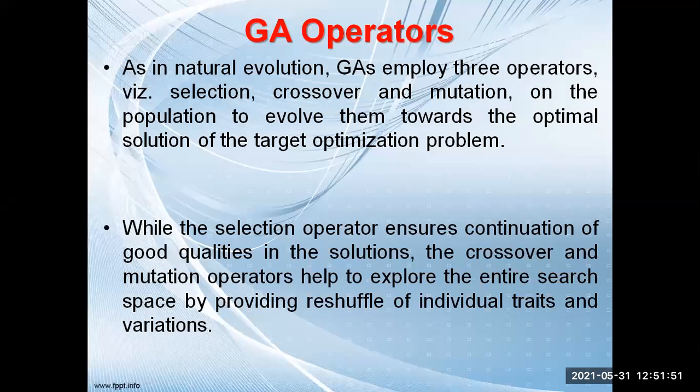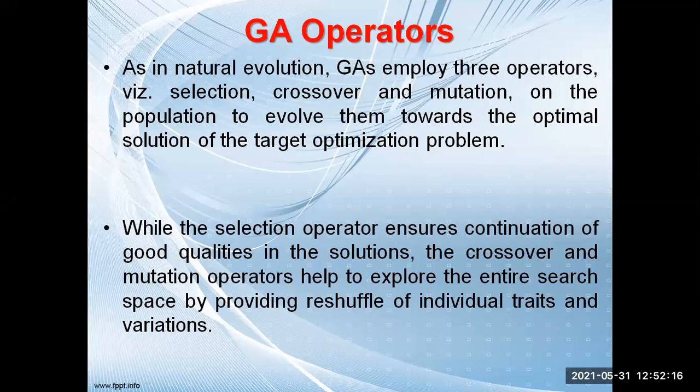While the selection operator ensures the continuation of the good qualities in the solutions, the crossover and mutation operators help to explore the entire subspace by providing reshuffle of individual traits and variations. So there are two things. The selection operator will always ensure whether the quality of your solution is good or bad.